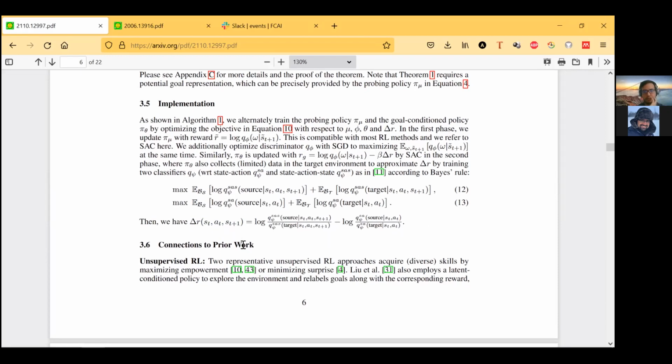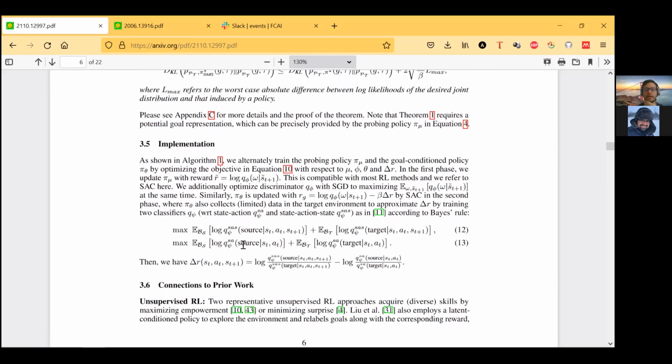Yeah, okay. But so you don't have a model, you don't really learn it, but at least you learn to discriminate where a transition comes from, either from model 1, the source, or model 2, the target.